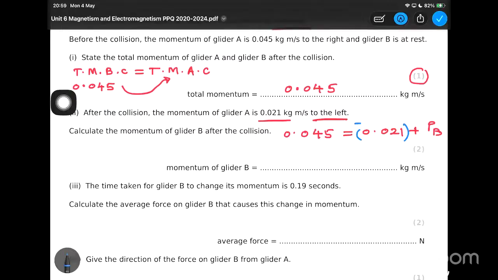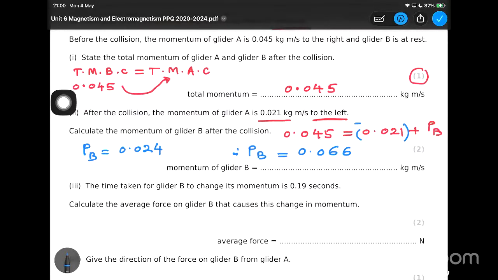So the momentum PB of glider B is going to be the total of these two, which is 0.066. If you apply it the other way around, 0.045 minus 0.021, then it would be something like 0.024.